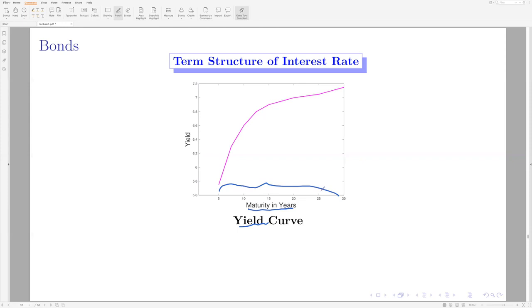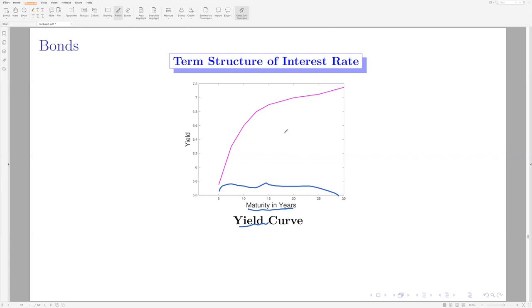Although this is not always true, especially when the inflation is very high, at that time you will occasionally notice that the longer term bonds have lesser yield. This is because the investors don't want to invest in longer maturity bonds, anticipating that because the inflation is very high, the government will tend to increase the yield in the near future.